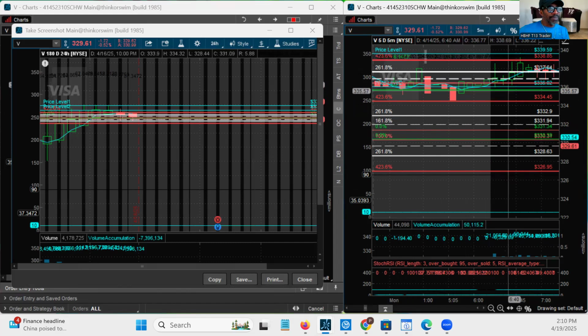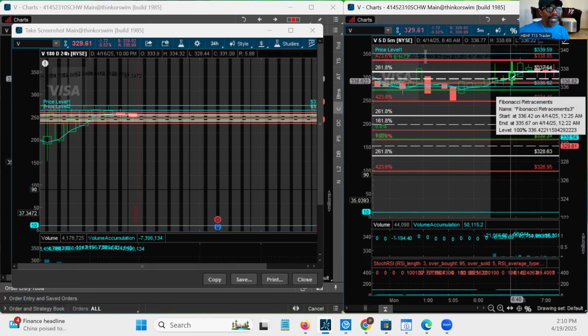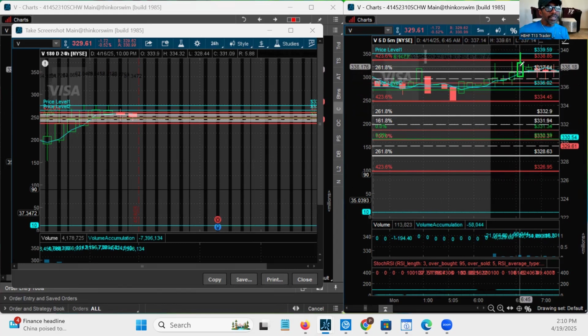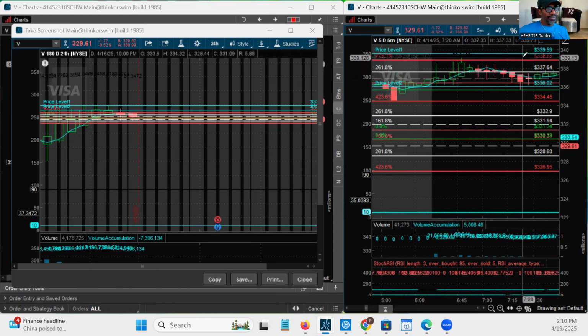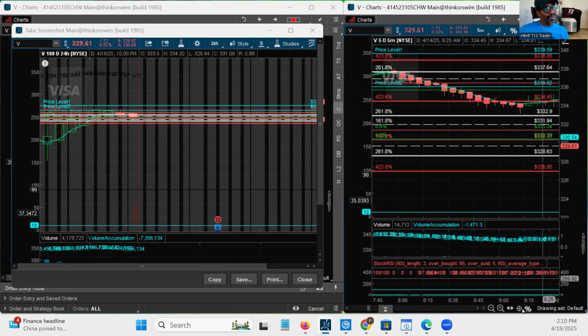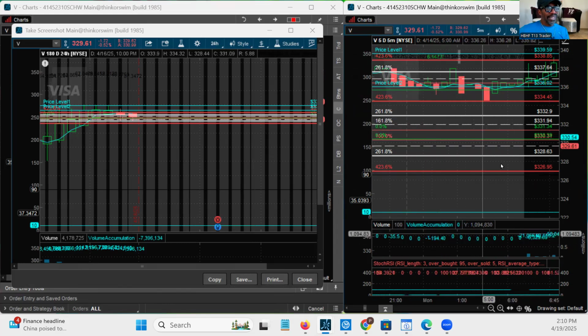This is what I'm going to buy at: 335, 336. Sale 339. Does that make sense? This is all the movement that it made in pre-market.